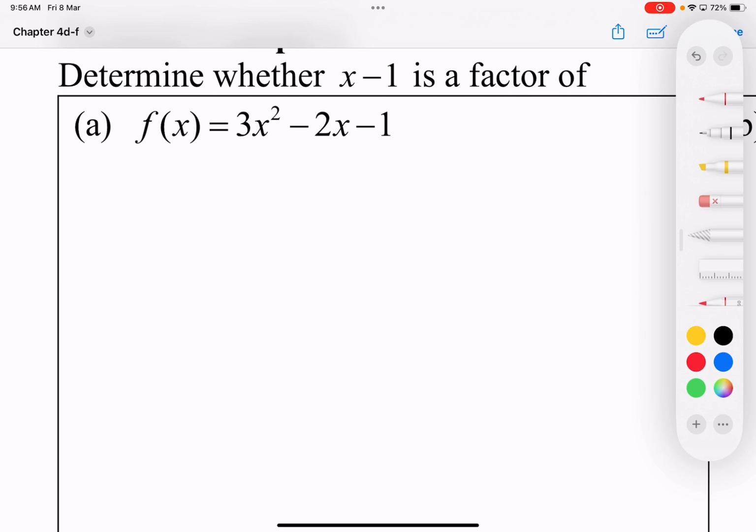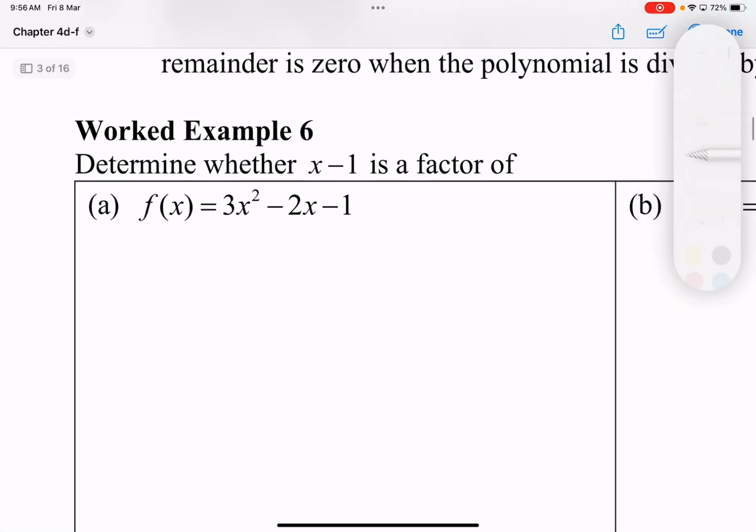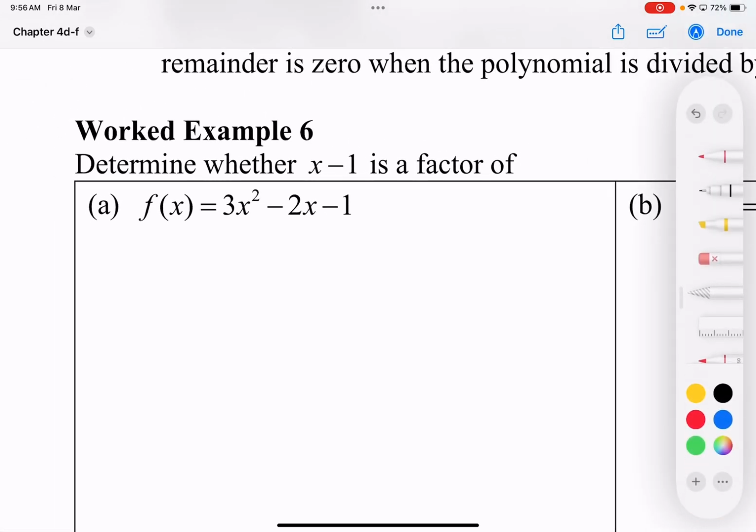So how do we check whether this particular divisor is a factor? We will just ask ourselves again, how do I make this divisor 0? I need to substitute in f(1). Why 1? Because only 1 can make this divisor 0.